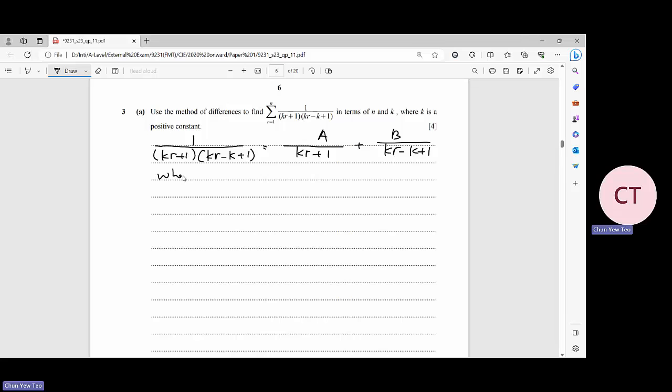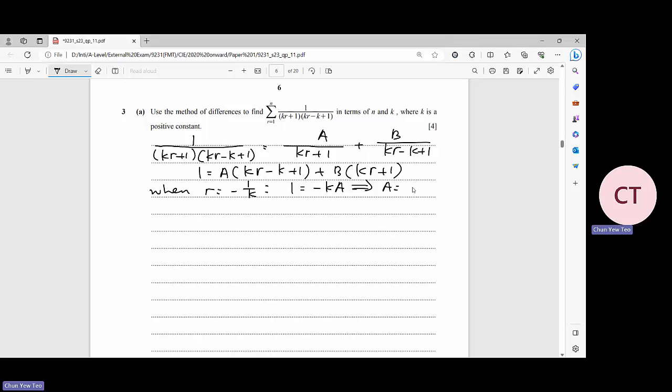Before that, we need to do this: 1 equals A times kr minus k plus 1 plus B times kr plus 1. So when r is equal to negative 1 over k, you have 1 equals negative kA.